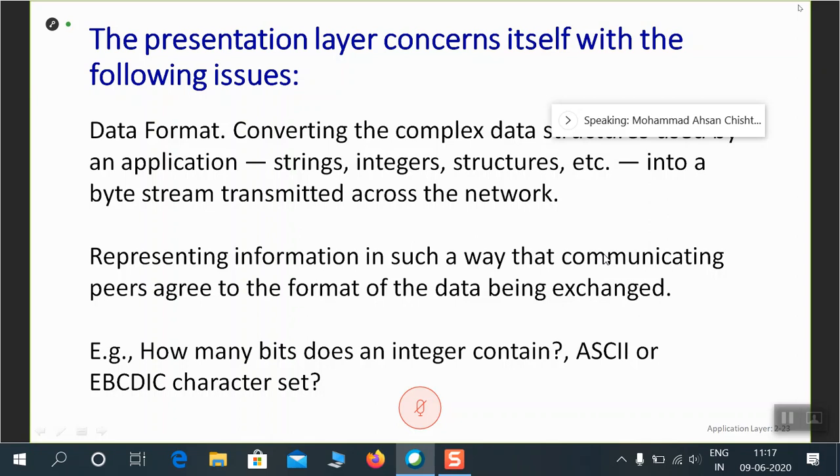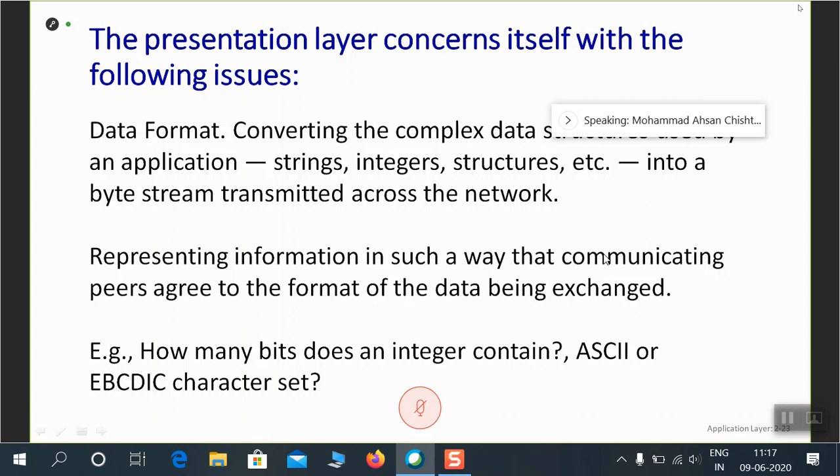If you're connected to a Mac-based OS and you are working on a Windows-based OS, you're still able to communicate, even though they may be using different data structures.